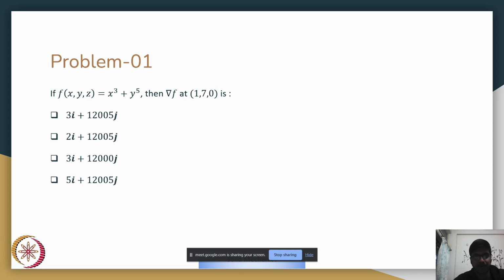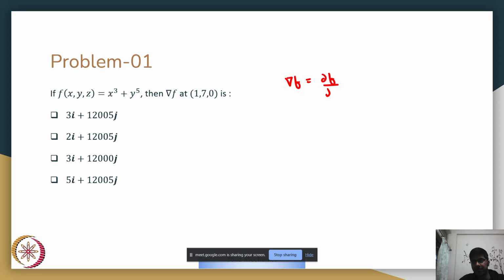This is an example of a scalar field, and we are asked to calculate the gradient of f at a particular point P. So we calculate the gradient of f.